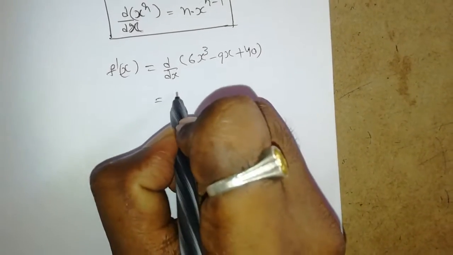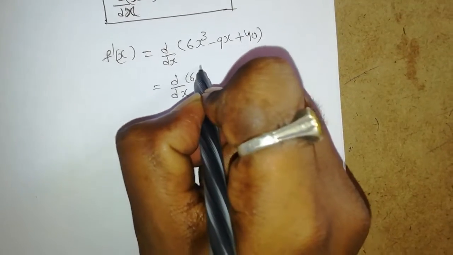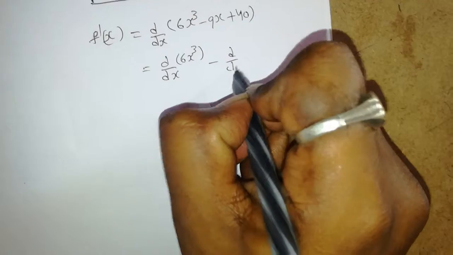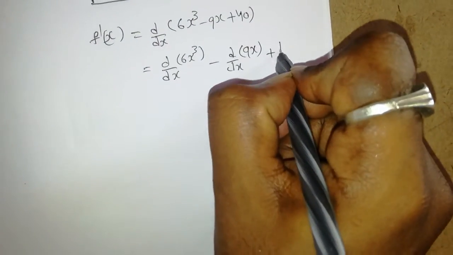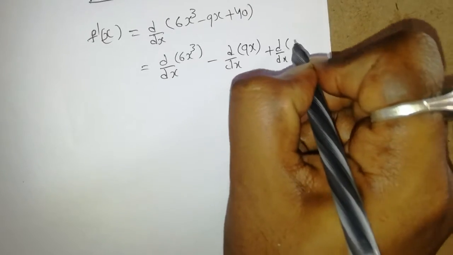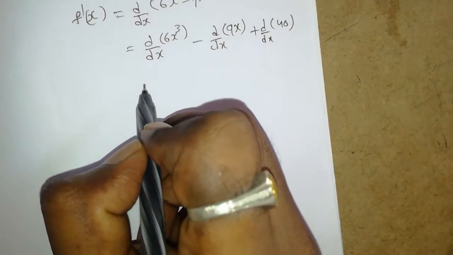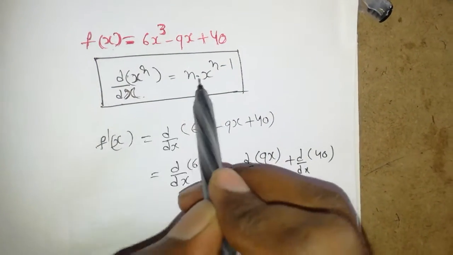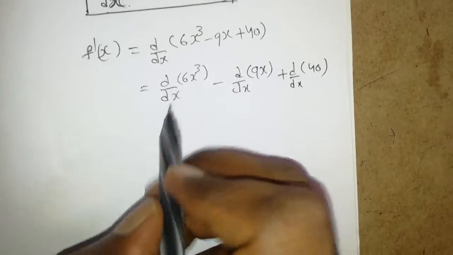That equals d by dx of 6x cube minus d by dx of 9x plus d by dx of 40. We know that d by dx of x power n equals n into x to the power of n minus 1.